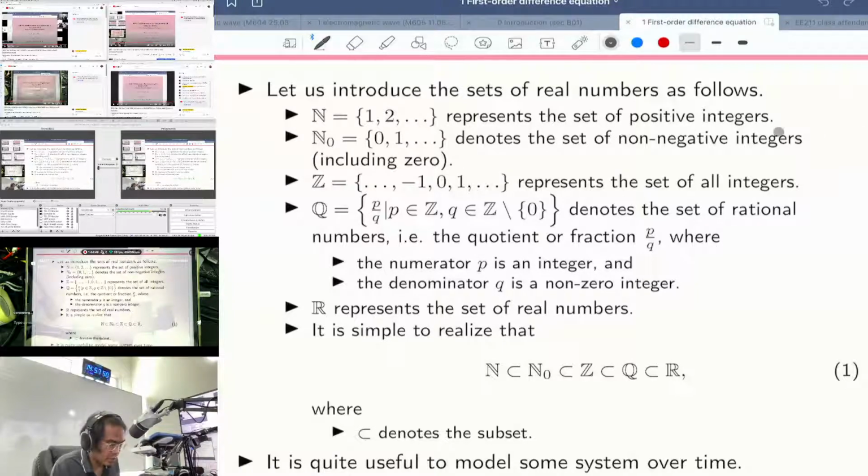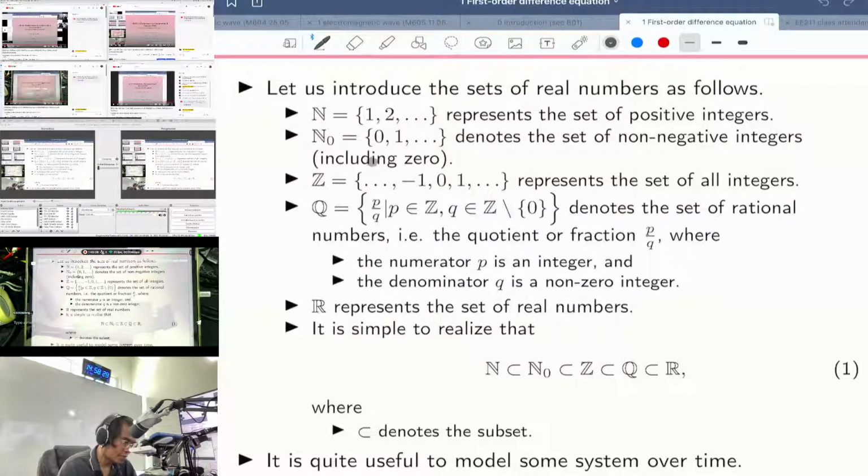It goes without limit, and that's the positive integer numbers. We use N to represent natural numbers actually. N with subscript 0 means we also include 0 in the set, so this is the set of non-negative integers. Non-negative because we include also 0 as a member of this set.